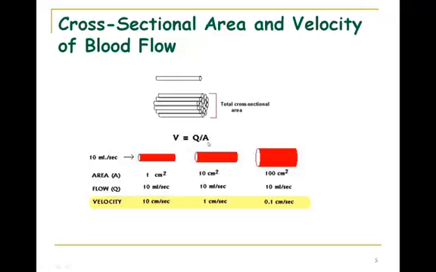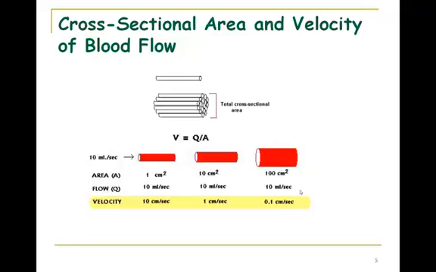And we're referring to total cross-sectional area when referring to that A. It's an indirect relationship. So if you look at here, you've got this one, which is our smallest total cross-sectional area, and we progressively get to a larger total cross-sectional area. You notice I've kept flow the same. The reason why I've done that is that in your circulation, flow stays relatively constant.